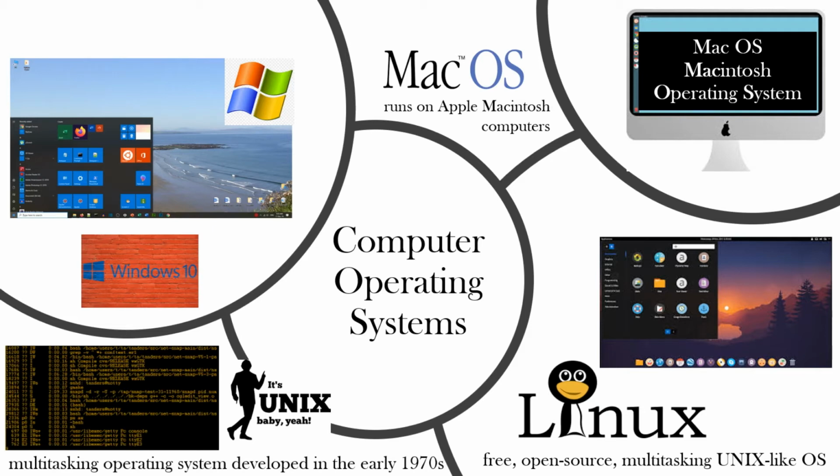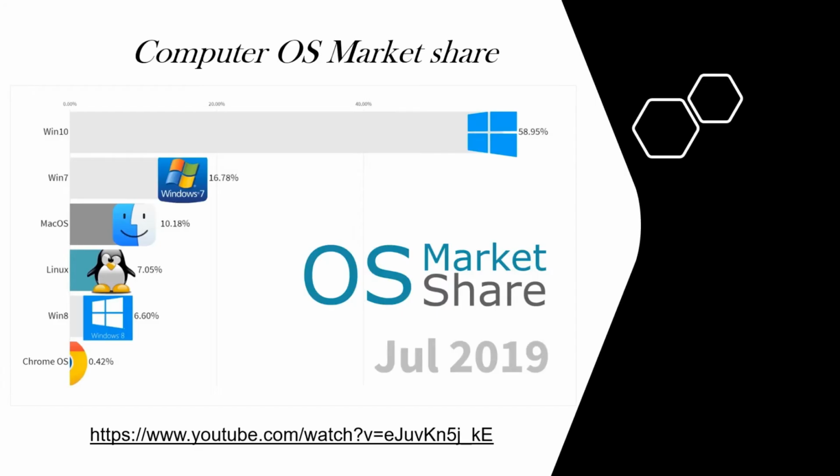So there are all types of operating systems. If we look at the market share during 2019, you can see the different versions of Windows, very popular. And also we have the Mac operating system and Linux.